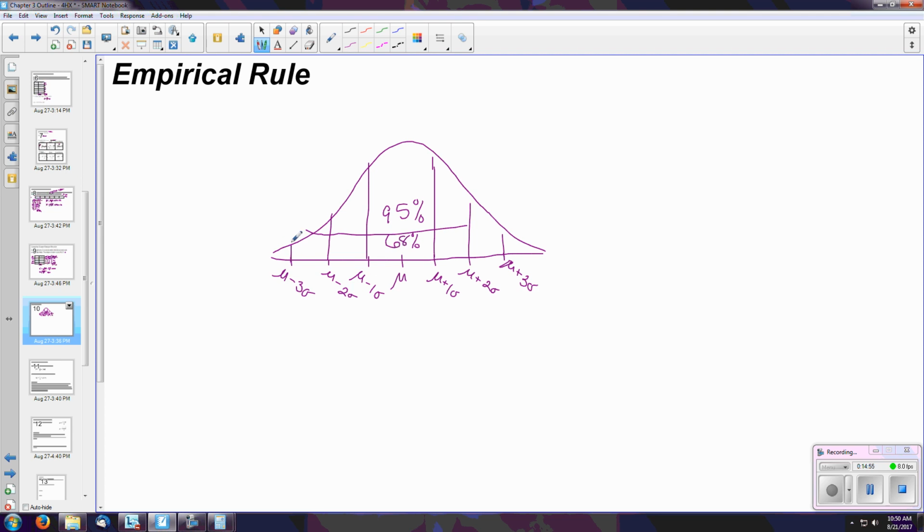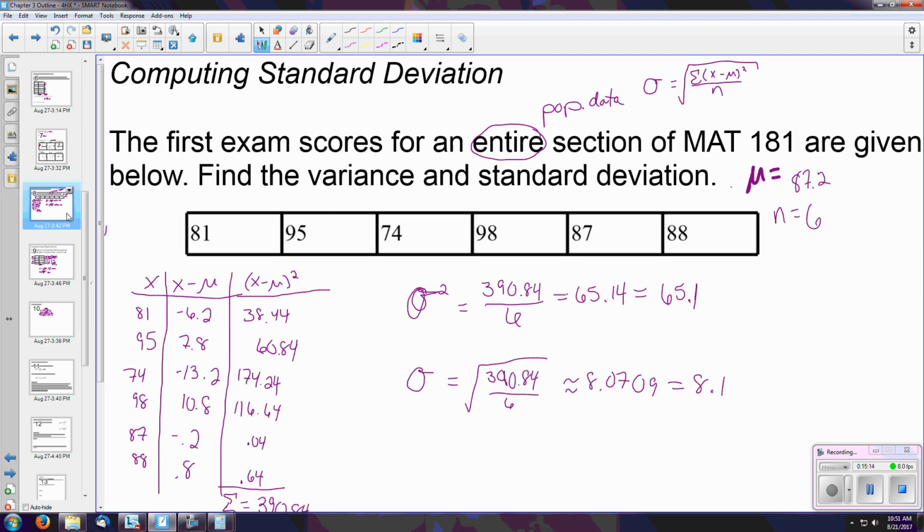So why is this useful information? Well, this is useful for quite a few reasons. Now, first and foremost, it tells you the composition of your data, or it gives you an estimate. But think about this for a moment, like with our test scores. So let's go back to this example.